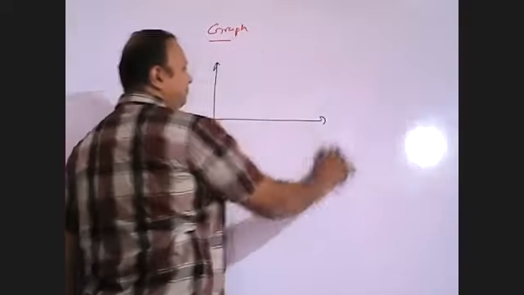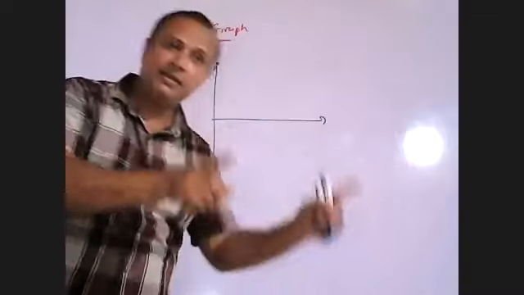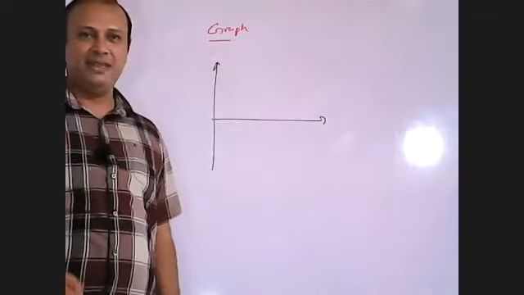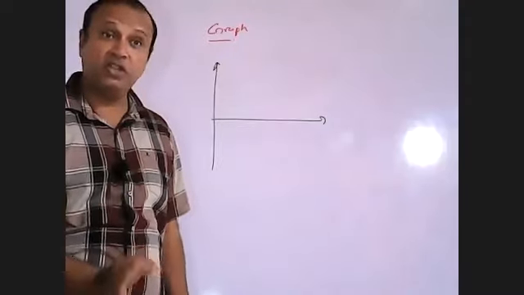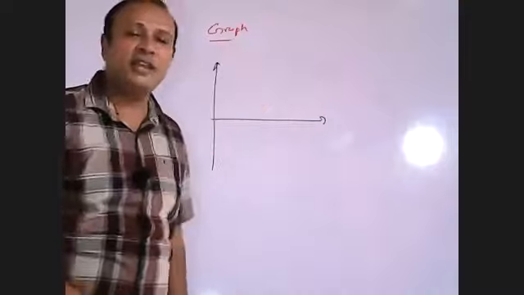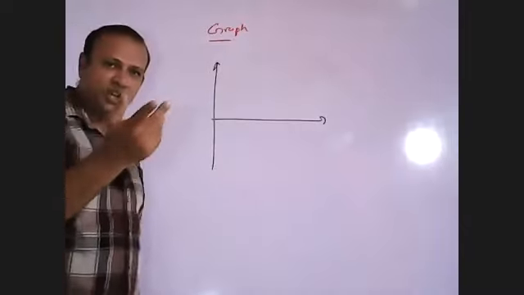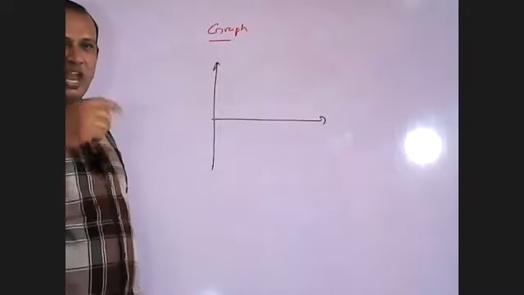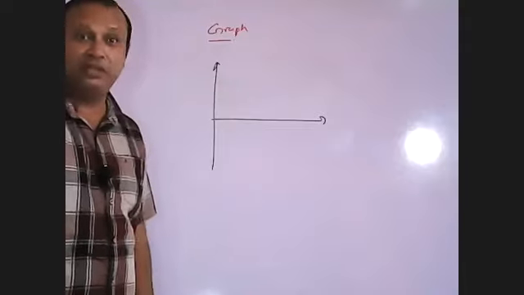Okay. That is also done, no? Then, how to decide the shape? Now you have decided the location. After that, you have to decide the shape. So, how to decide the shape? The shape is decided by the gradient of the graph.